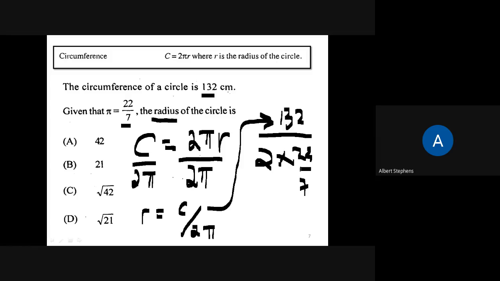Somebody work on that for me and tell me what they get. Sir, I get 207.42 something, sir. I'm not sure if that's correct.